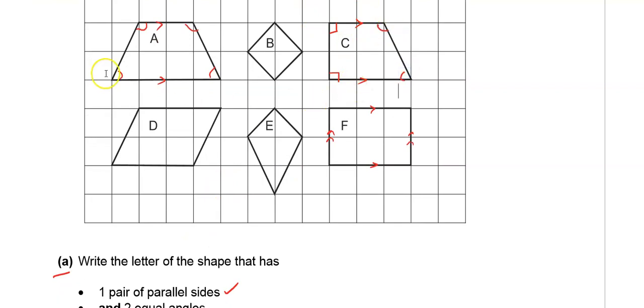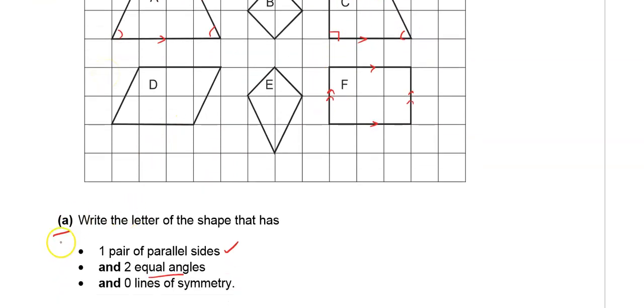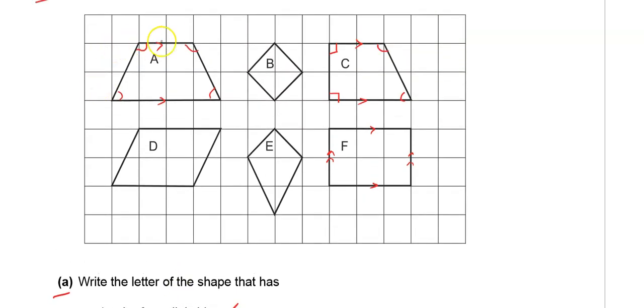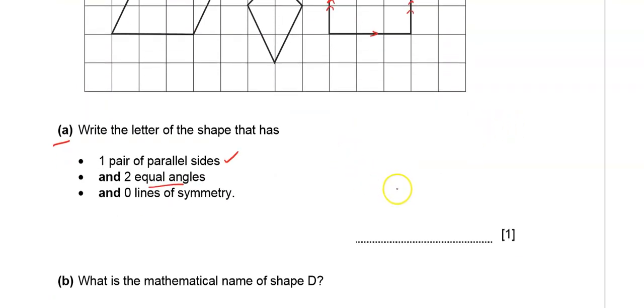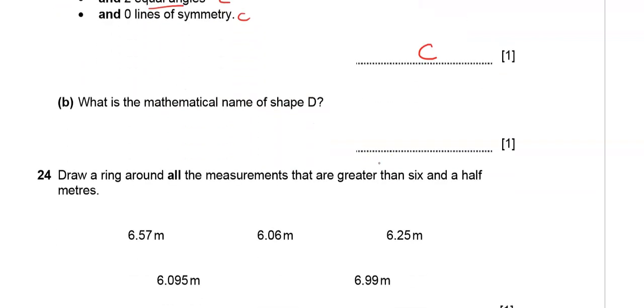So in C there are 2 equal angles and zero lines of symmetry. A has a line of symmetry, but C does not have a line of symmetry. So our answer here is C. One pair of parallel sides is A and C, and 2 equal angles is C. So A is not in there. So the answer is C.